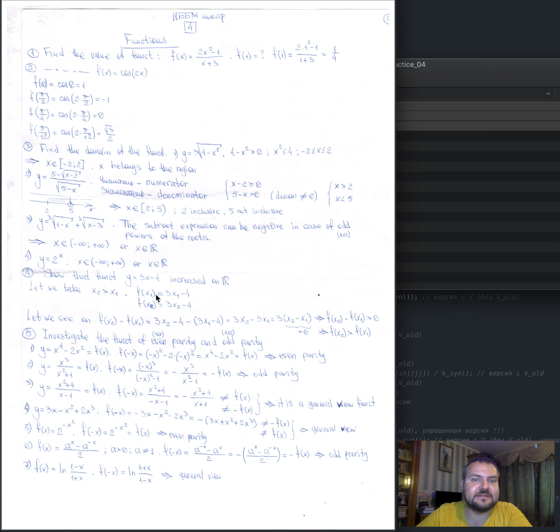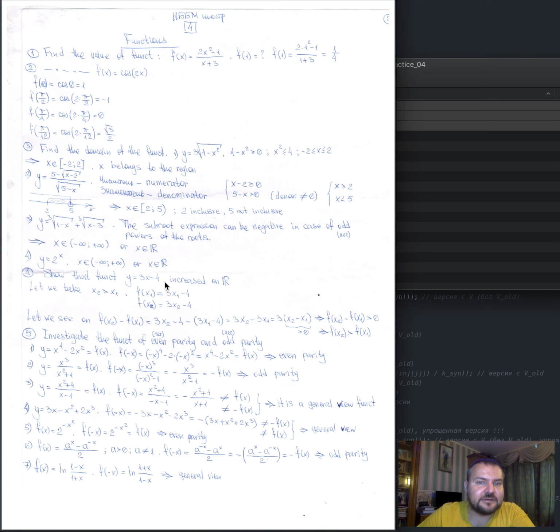We need to find f of x1. Of course it would be 3 multiplied by x1 minus 4. F of x2 would be 3 multiplied by x2 minus 4. And we need to see the value of f of x2 minus f of x1.